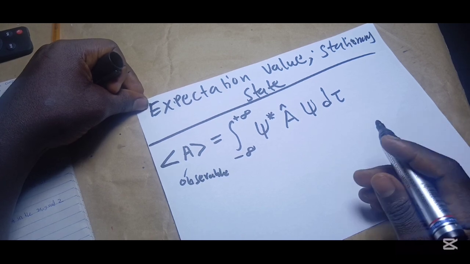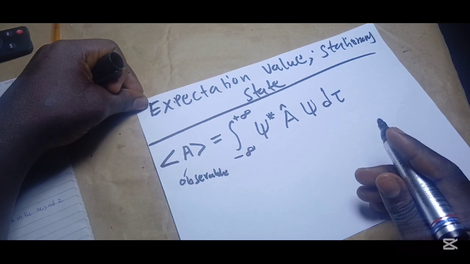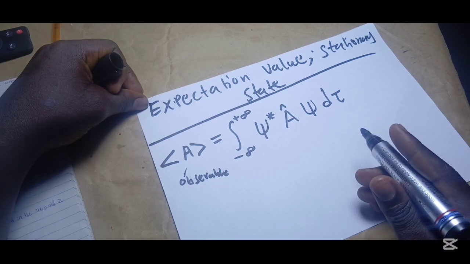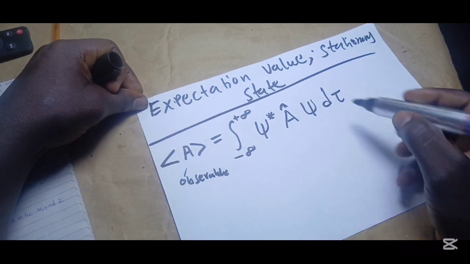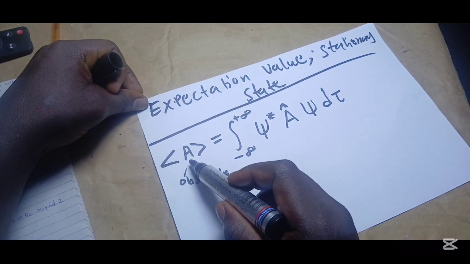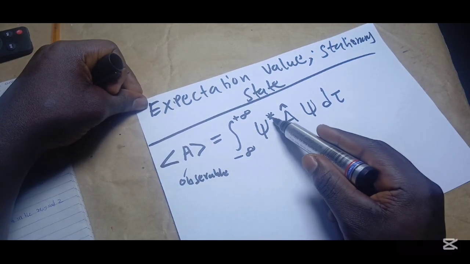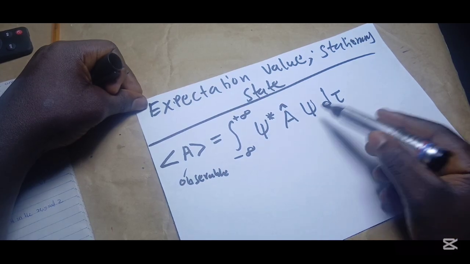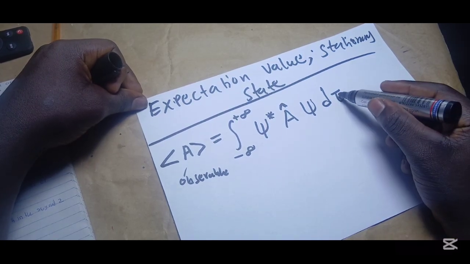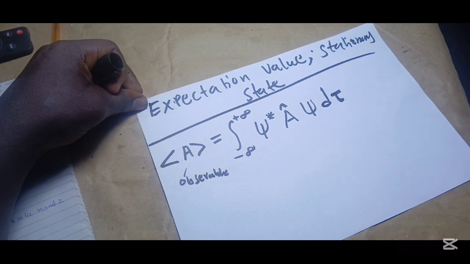But in quantum mechanics, we are not dealing with the observables straightforwardly, but we deal with operators of the observables. So A hat here is the operator for observable A. And psi star is the complex conjugate of the wave function psi. And this component here is the volume element.